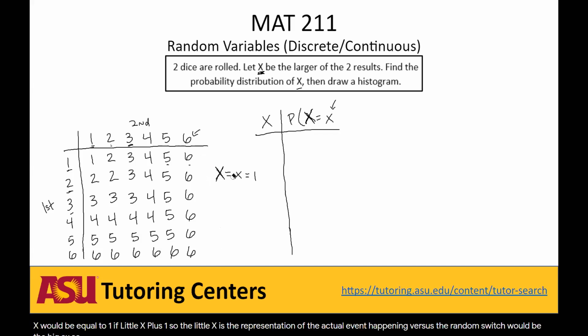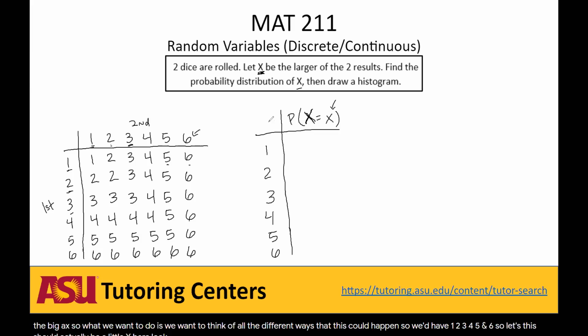So what we want to do is think of all the different ways that this could happen. So we'd have 1, 2, 3, 4, 5, and 6. So this should actually be a little x here. Looks like a big X, but it's a little x. So maybe we'll make our little x's curly here to just distinguish them a little bit.